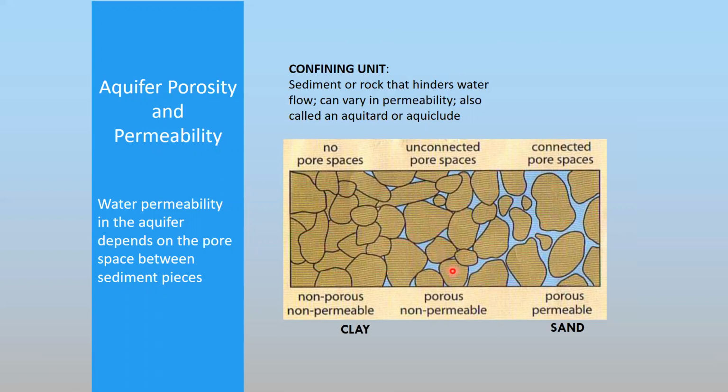In comparison, if you have a mixed type of, say, a loam, a sandy clay loam, for example, you do have water storage between the particles. And then in a sandier soil, more coarse grains, you have a lot more water volume, and therefore you would have potentially a higher yielding well.